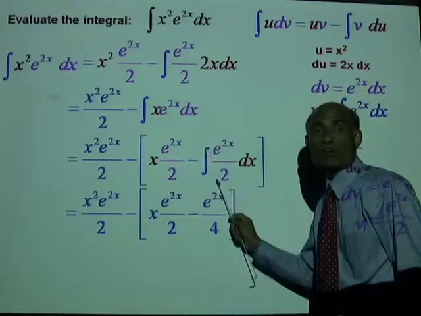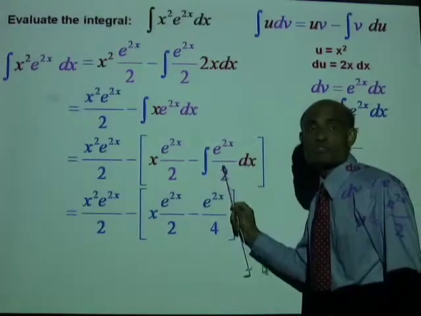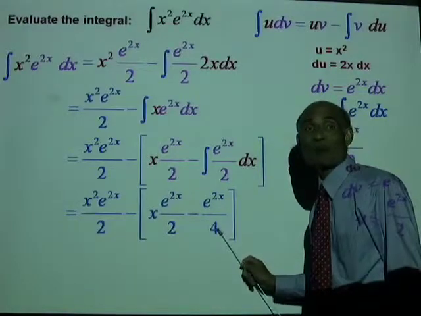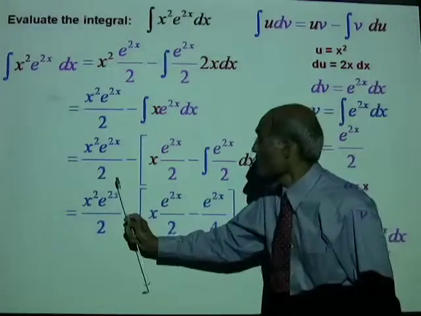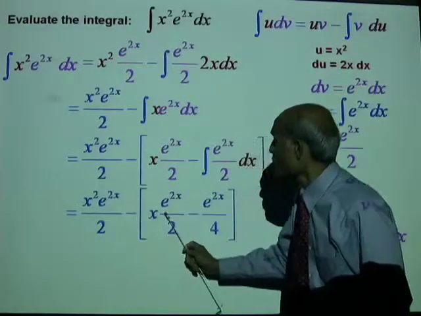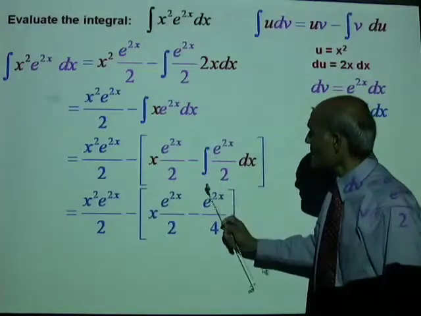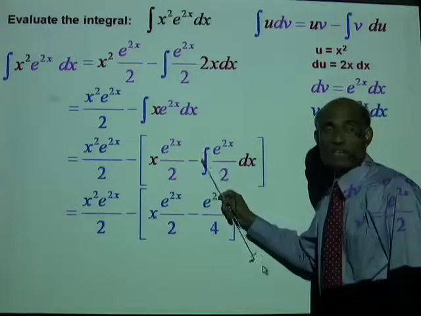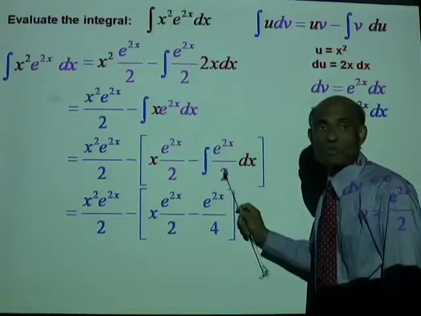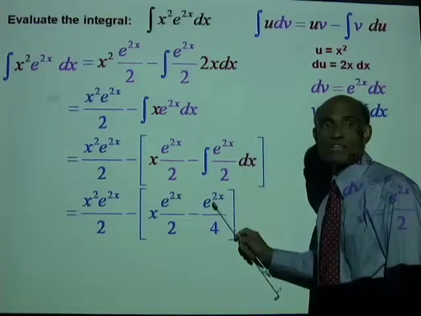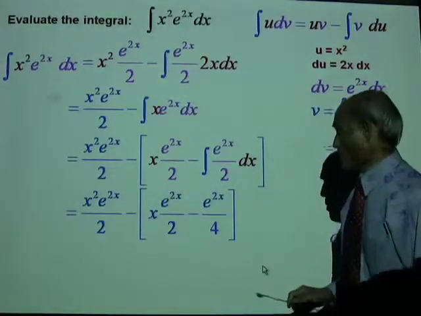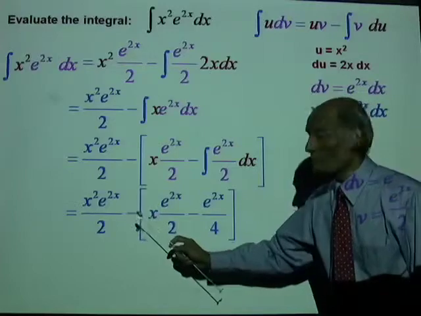So the integral of e to the power of 2x divided by 2 is e to the power of 2x divided by 4. You can see all these terms remain the same, and the only change in this step is integrating this. The integral of e to the power of 2x over 2 dx is e to the power of 2x over 4.